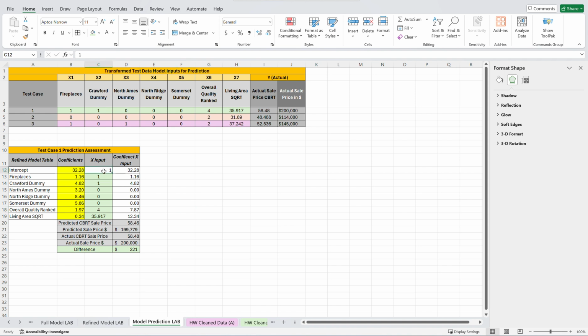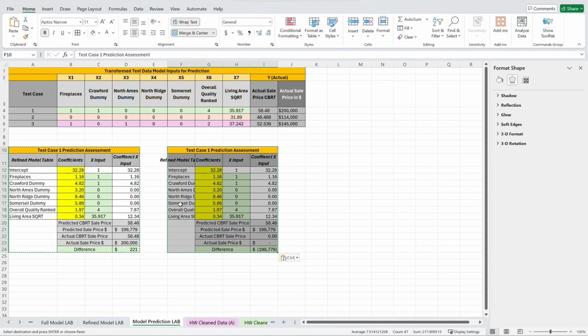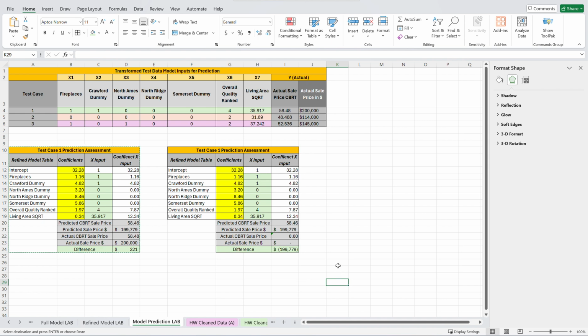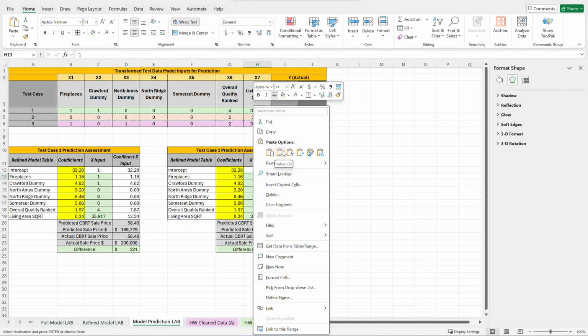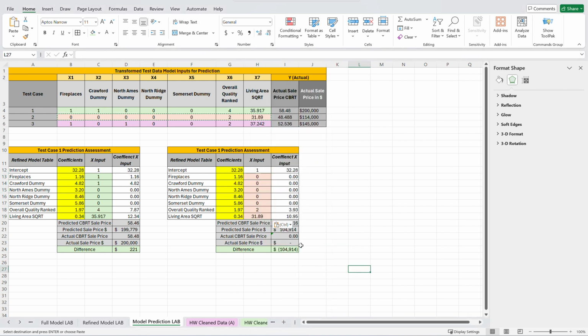Now, when you want to do this for the other test cases, because you're going to get these same or similar test cases for your homework subsets, you'll take this, you can paste it over here if you need to expand that, and then all you should really need to do is highlight the inputs here, the coefficients remain the same, copy, transpose, paste them here, and you should see those update.